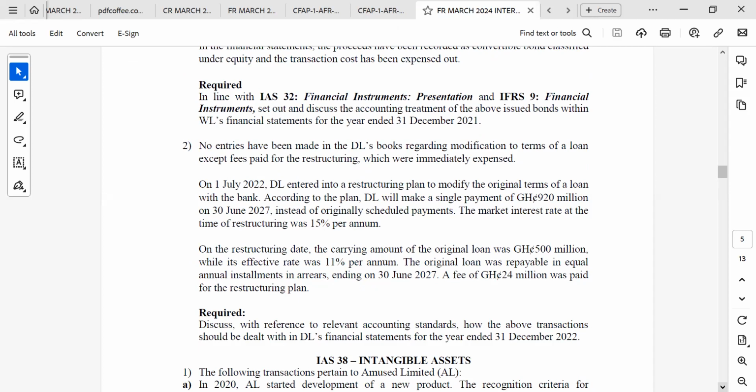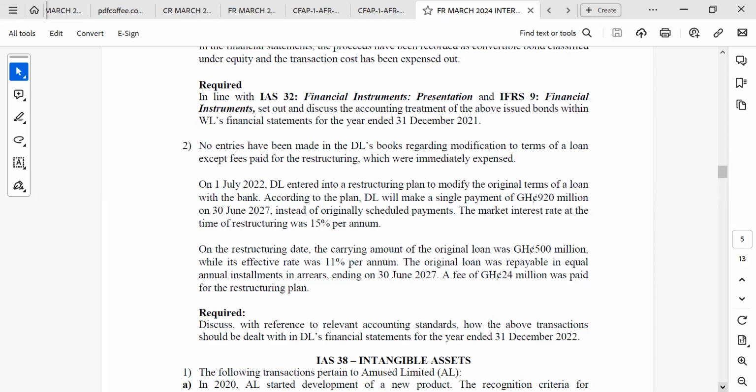Question 2. No entries have been made in DL's books regarding modification of terms of the loan, except fees paid for the restructuring, which were immediately expensed. On 1 July 2022, DL entered into a restructuring plan to modify the original terms of a loan with a bank. According to the plan, DL will make a single payment of 920 million on 30 June 2027, instead of originally scheduled payments.